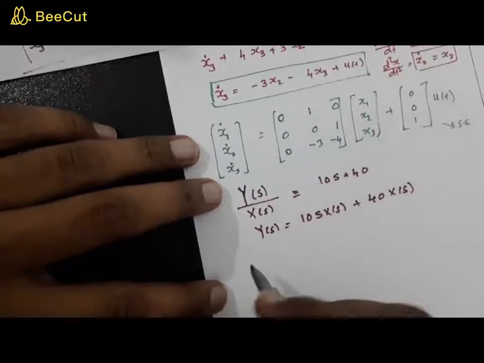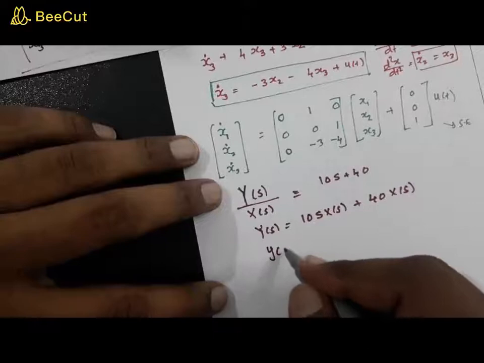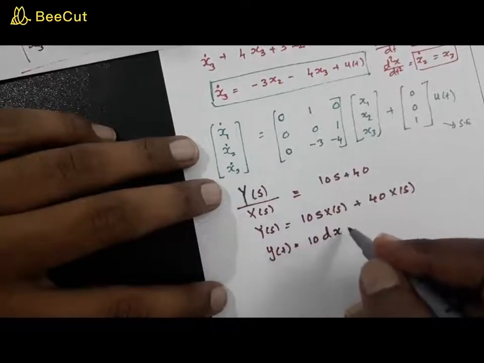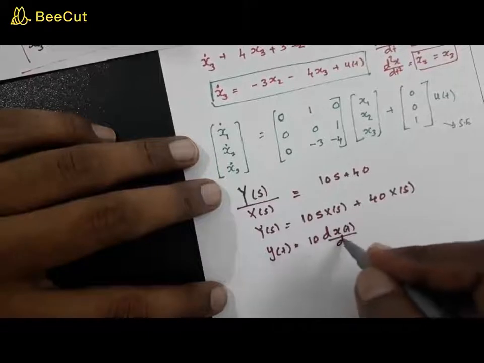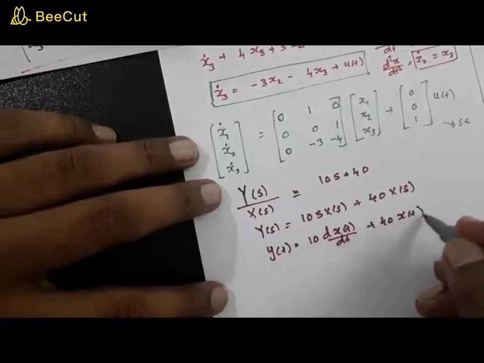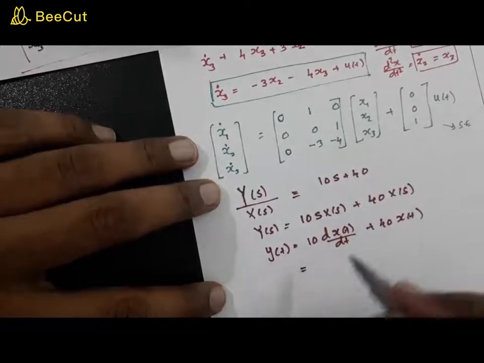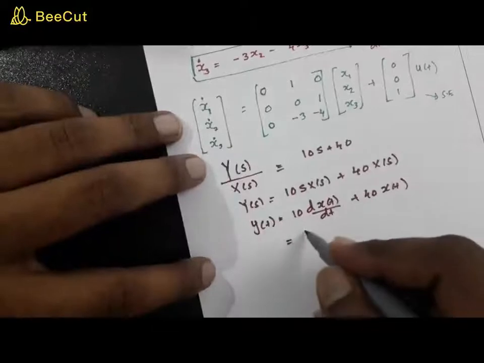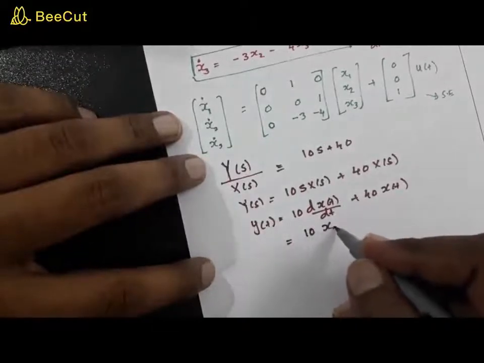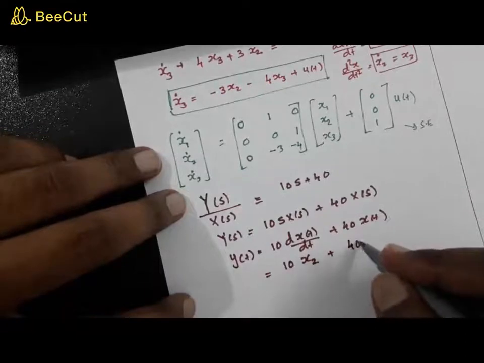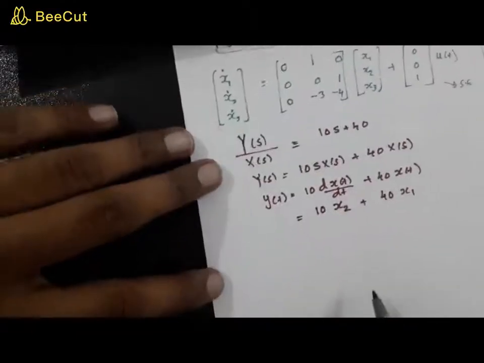Taking the inverse, you will get y(t) is equal to 10 times dx(t) by dt plus 40 times x(t). We have already assigned dx(t) by dt as x2, so this is 10 times x2 plus 40 times x1, which is equal to y(t).